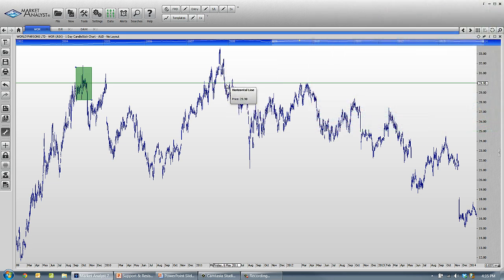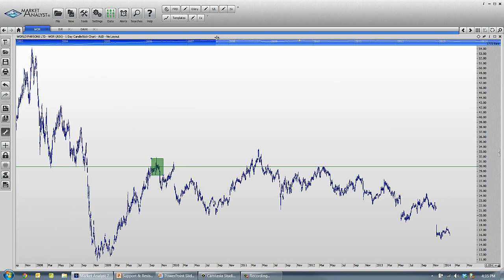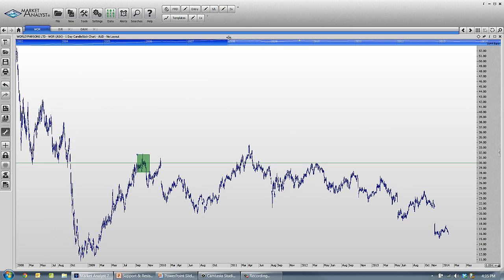And from there, the price basically has not been able to penetrate $30 again, even though it's tried on 1, 2, 3, 4 more occasions. So you can see that $30 support and resistance line is a massive memory in the market. There is a lot of activity around that level.